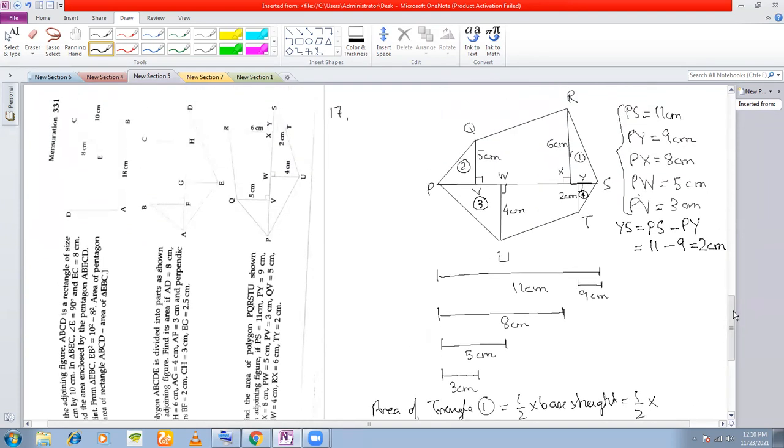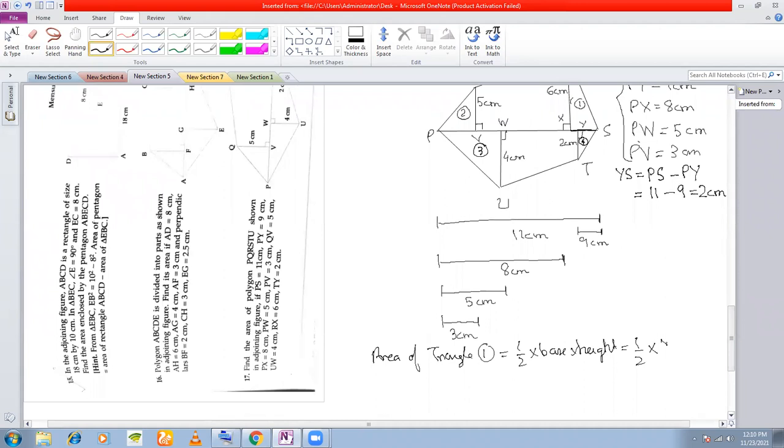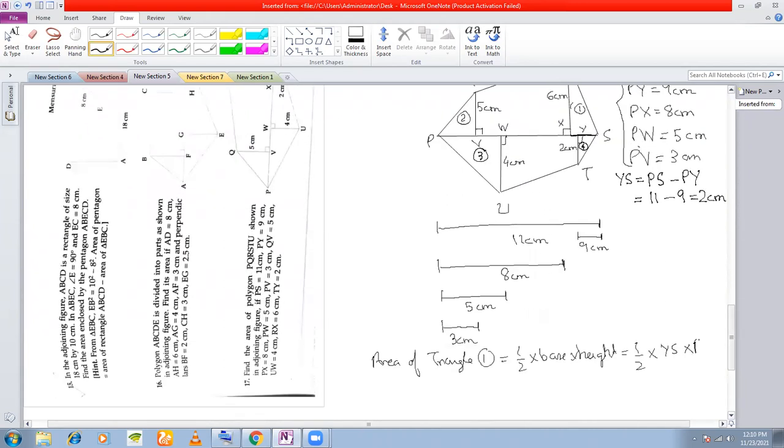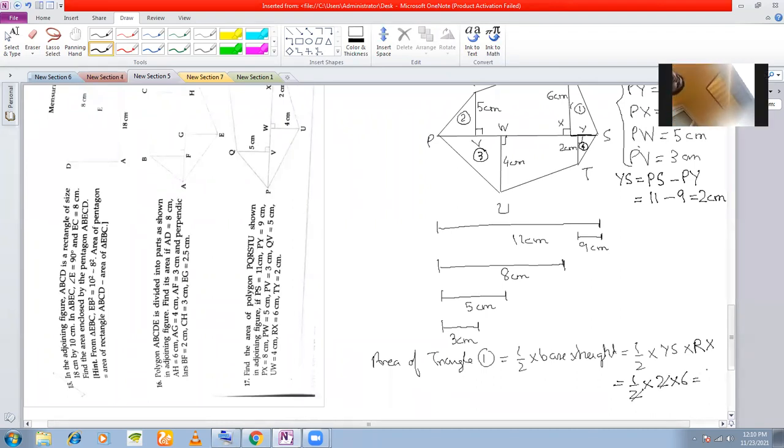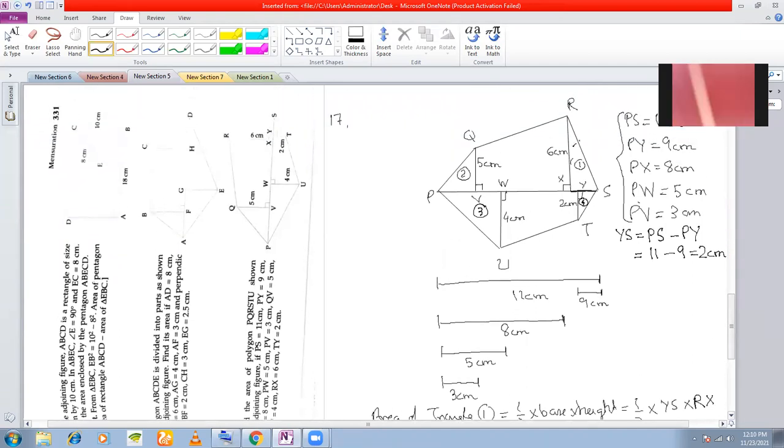The base of this triangle is YS, and the height of this triangle is RX, right? So this is half into YS, which is 2 centimeters, and RX is 6 centimeters given. So this will be 6 centimeters square area. So we have found out the area of this triangle to be 6 centimeter square.